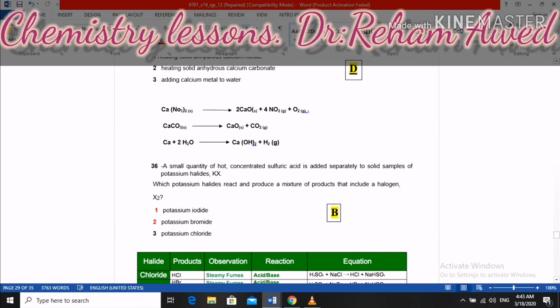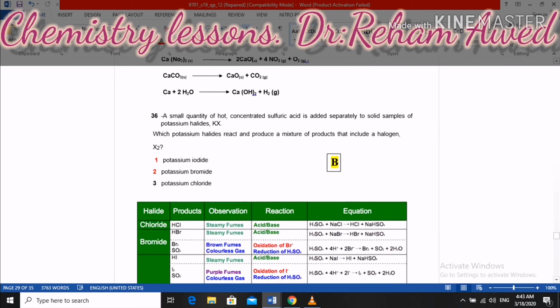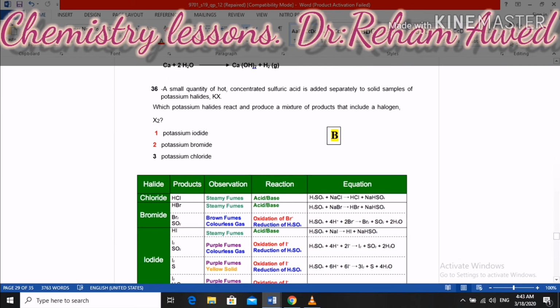So we will compare between chloride, bromide, and iodide. We are reacting them with a strong oxidizing agent like sulfuric acid. The bond between H and chlorine in hydrogen chloride is very strong. So when we react it with sulfuric acid, we will have HCl plus NaHSO4.